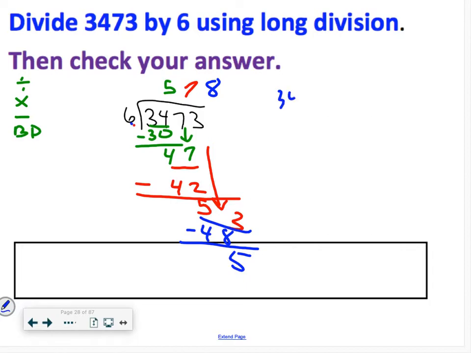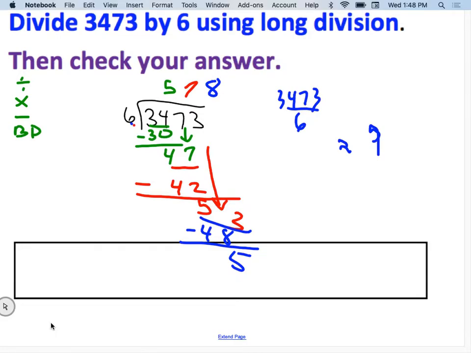So 3,473 divided by 6 equals, okay, I don't have to orient the board here, jumping all over.